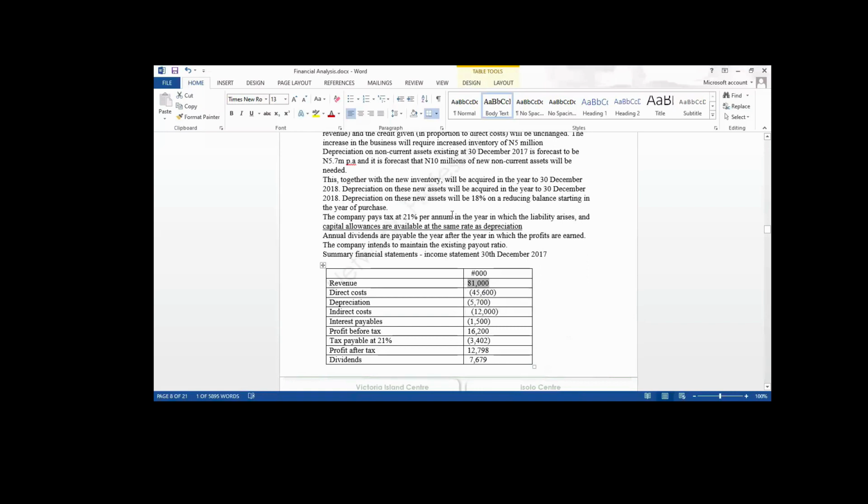Please increase by 10% revenue. What will be revenue for 2018? So 89,100.